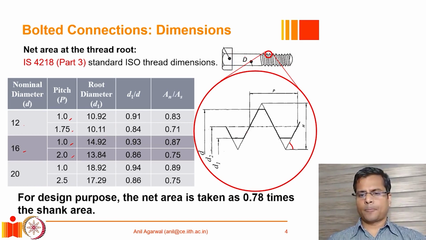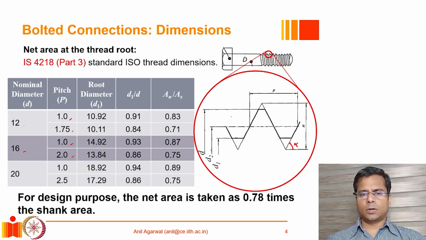Now, if this angle alpha is constant and cannot change, but the pitch can change, what does that imply? I'll give you a moment to think about it. If alpha cannot change but the pitch p can change, that means the diameter of the bolt at the root will vary as we change the pitch value.